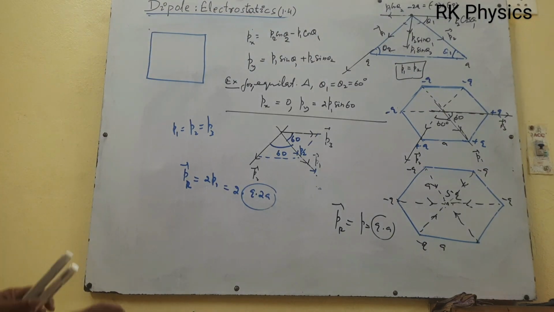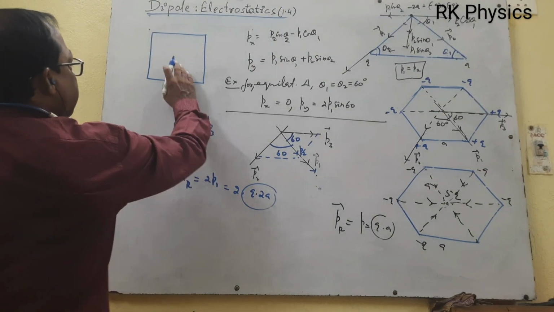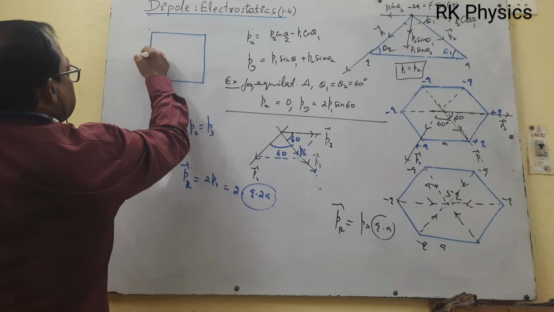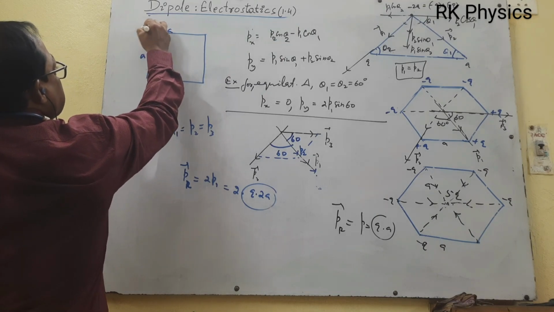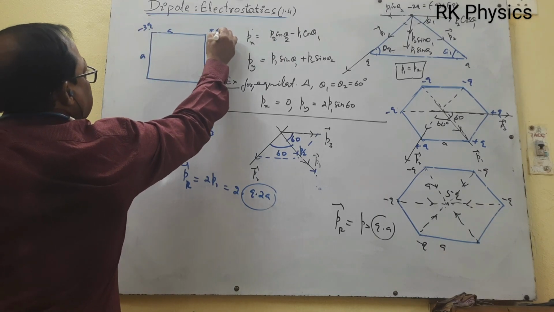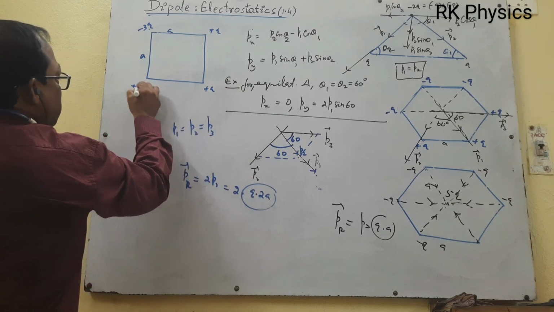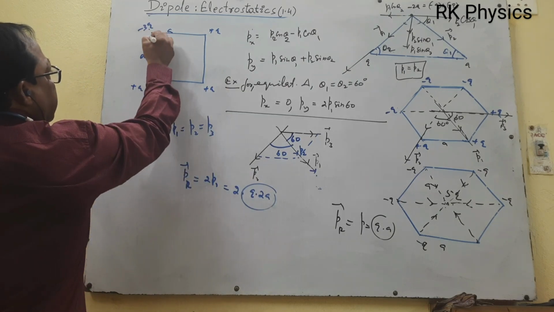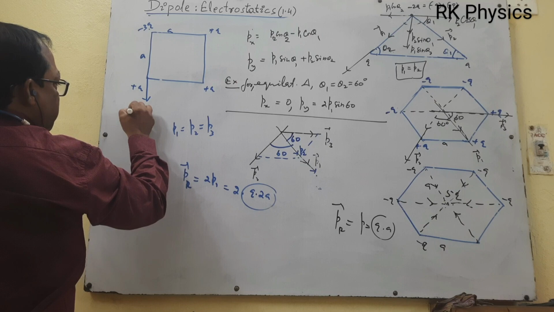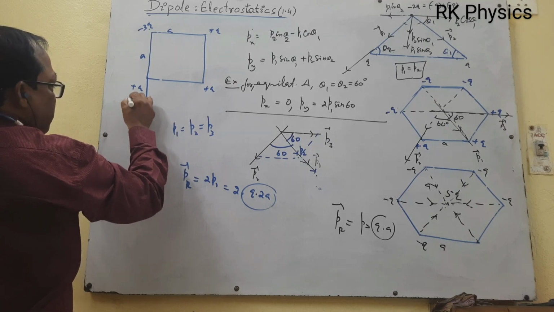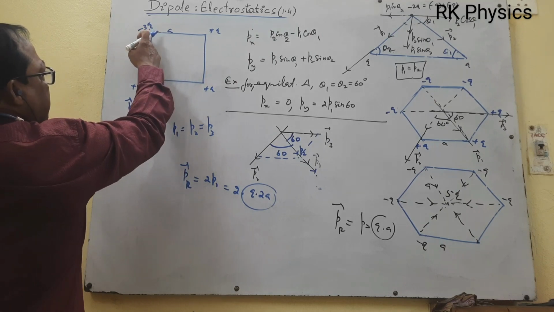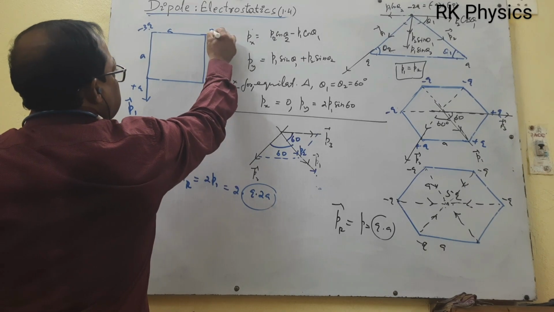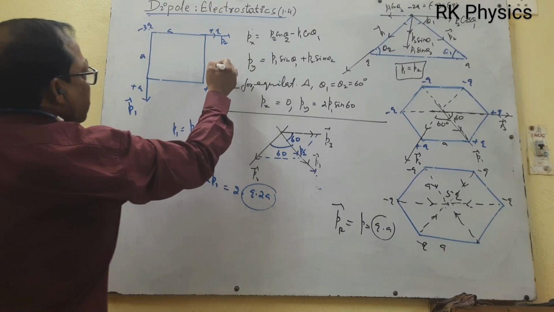Okay. So similarly, if you take a square of side a, here minus 3q charge, here plus q charge, here plus q charge, here plus q charge. So one minus q and another plus q represent a dipole moment in this direction. Another minus q and plus q represent a dipole moment in this direction.